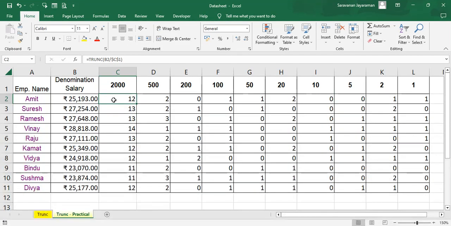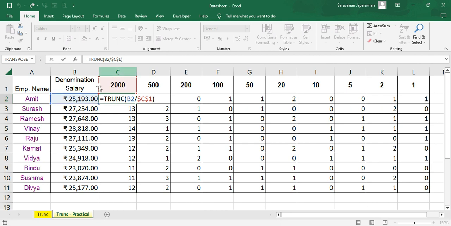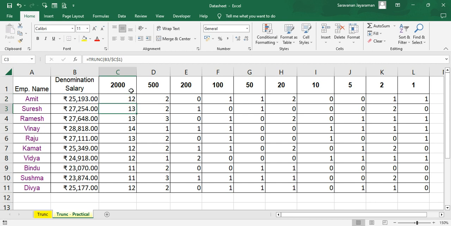Here we have 25,193. The formula we have given truncates by 2000. How many 2000s are there? It will truncate and give 12. That means 2000 into 12, 24,000 will go. Then we have to see how many 500s we can give from the remaining.